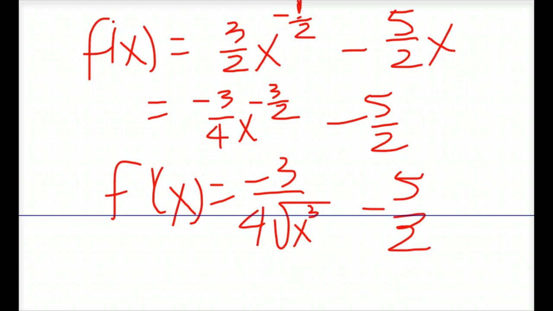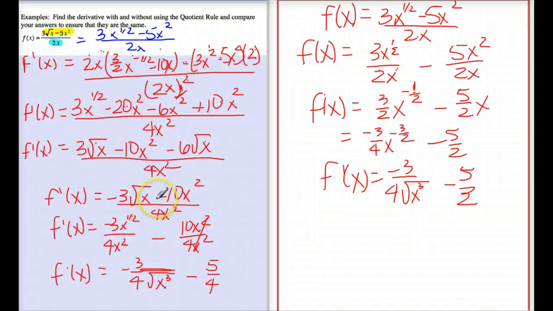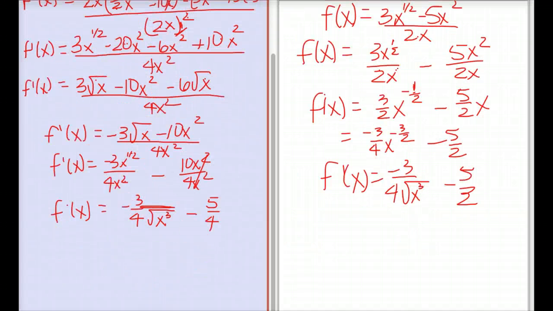So if I split these screens, I compare my answers, I have negative 3 over 4 square root of x cubed minus 5 over 2. So if I take a look at my math, I didn't simplify correctly over here. This should be a 2.